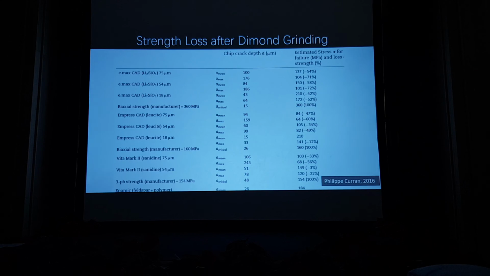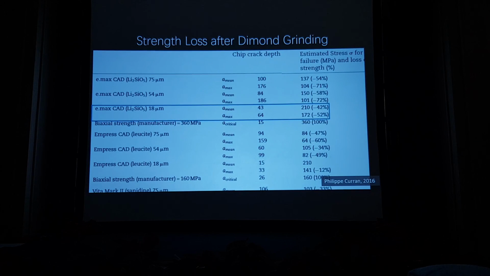Let's take Emax for example, because maybe it's the most similar one. Once you grind Emax with an 18 micrometer diamond, which is very fine, right? Very fine diamond burr.